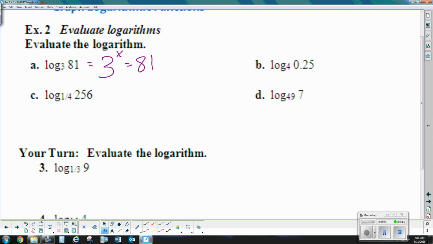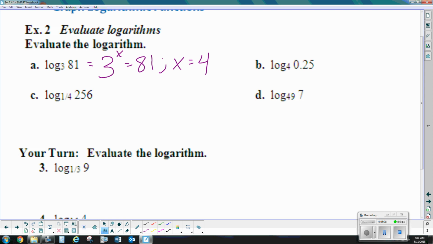So we just have to think about that for a second. 3 to what power is 81? And we know that 3 to the 4th power is 81. So again, this is just being familiar with exponents and thinking a little bit about those.